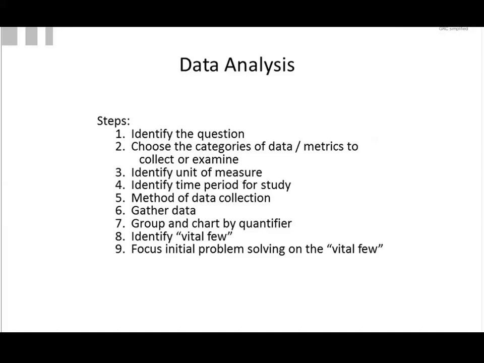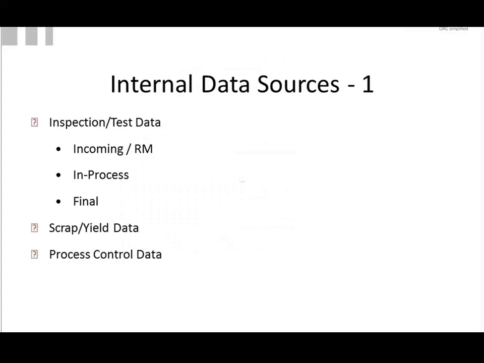And you focus your problem solving on the vital few. And again, the vital few is based on a subjective decision. It may not be right. In most cases it will be, but in some cases it may not be. And again, that's part of the root cause analysis that you may have to revisit when you find out that you haven't really gotten the true root cause, or you have only gotten one of several root causes.